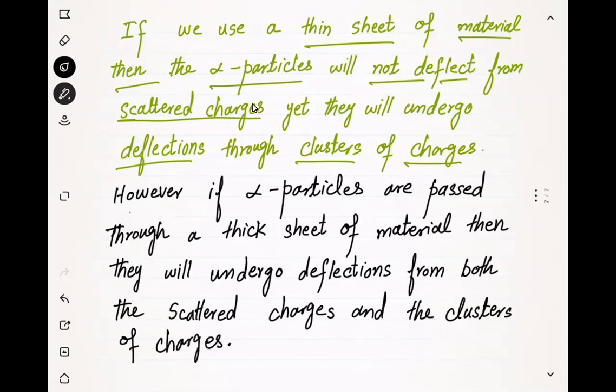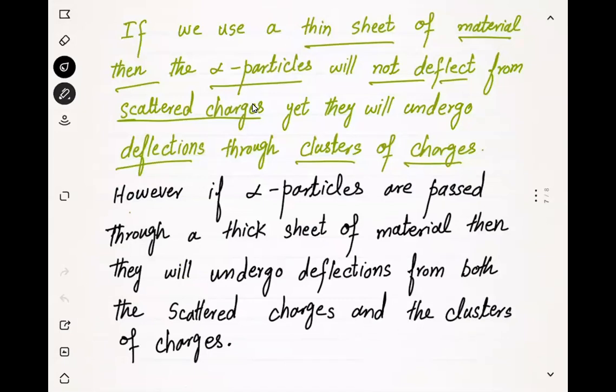So for alpha particles, a fair test will be if we are using a gold leaf that is thin enough to give fair results. The purpose is to check whether the positive charges are in clusters or they are scattered. So this is the main thing. So this experiment was performed to check whether the positive charges exist in clusters or they exist as a scattered model.